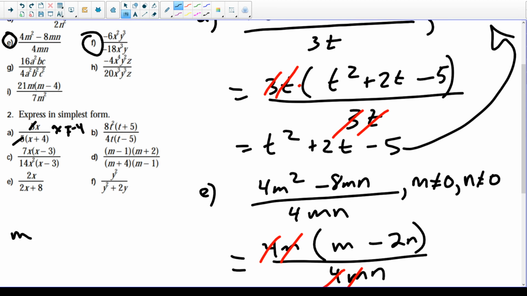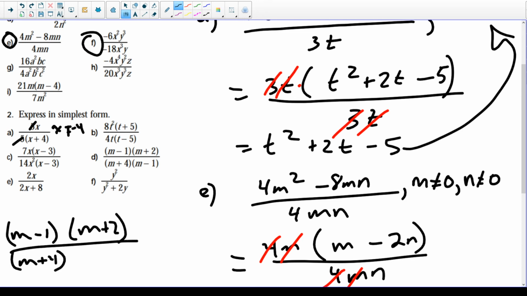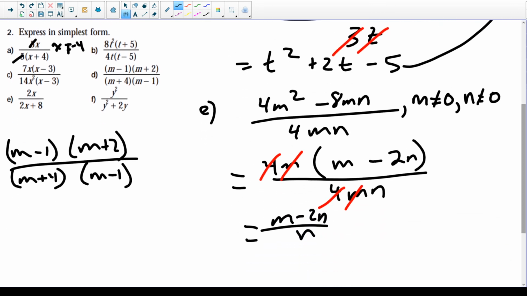and I'm going to finish with this one. Now, what I'd like you to do for this example, folks, is I'd like you to, in your brain, expand the top and the bottom.